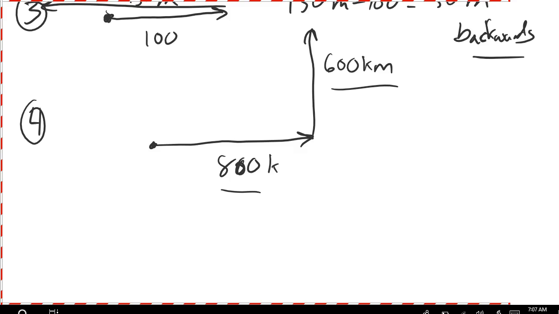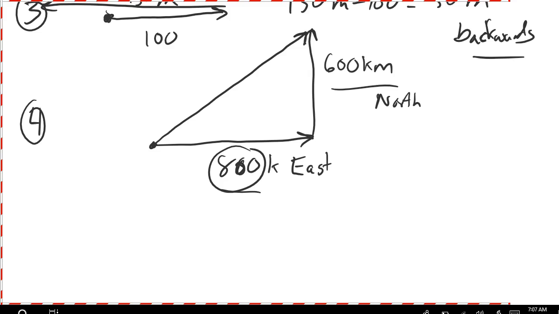Well, remember, this is east, this is north. We learned from class that the total displacement is going to be drawing this line here. How are we going to figure that out? Because the total displacement is not 800 plus 600. You want to figure out the total distance from your original point to the final point. And this is where the Pythagorean theorem comes in.